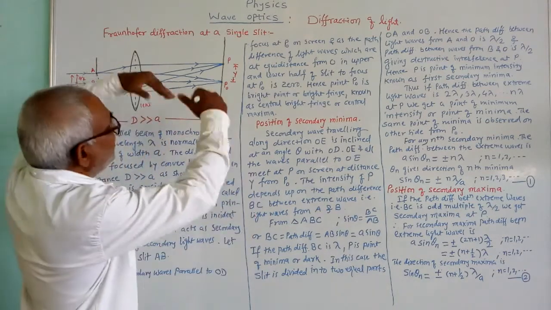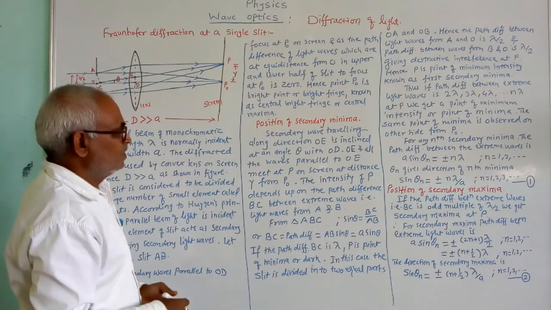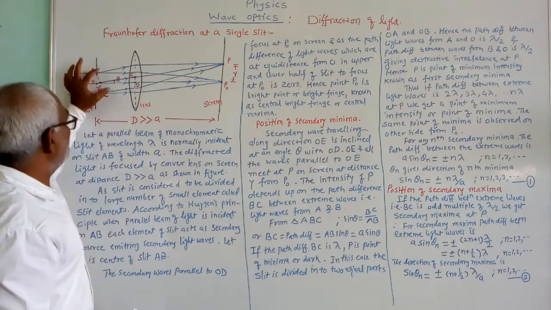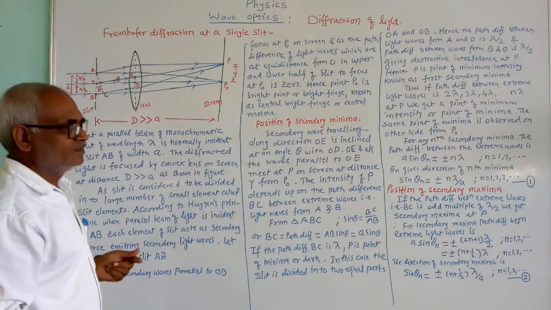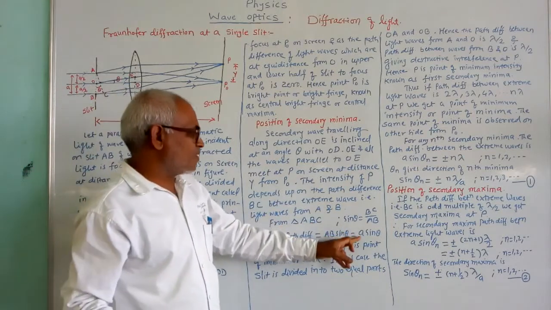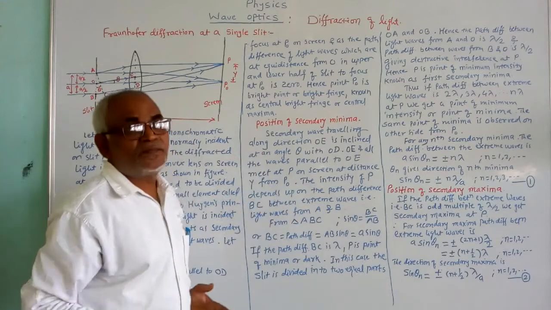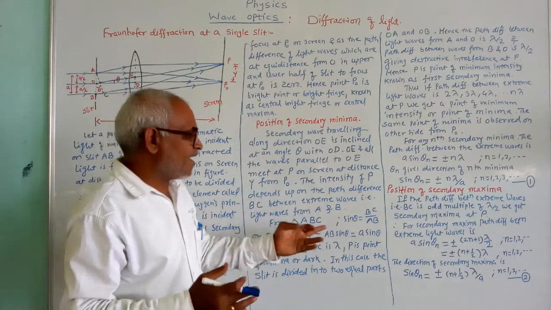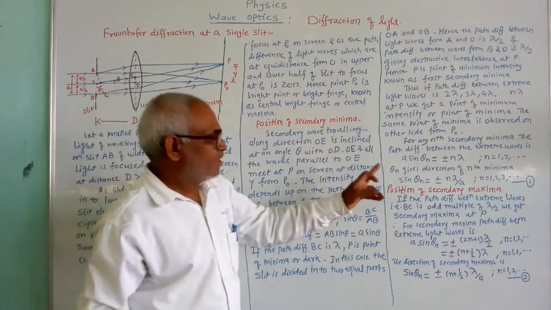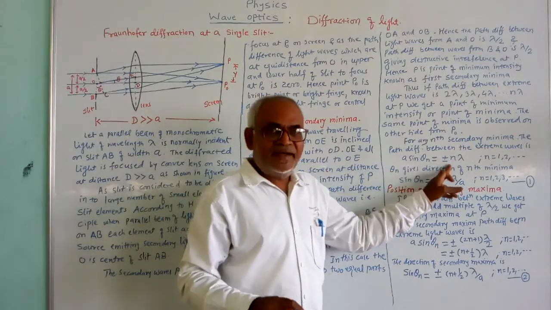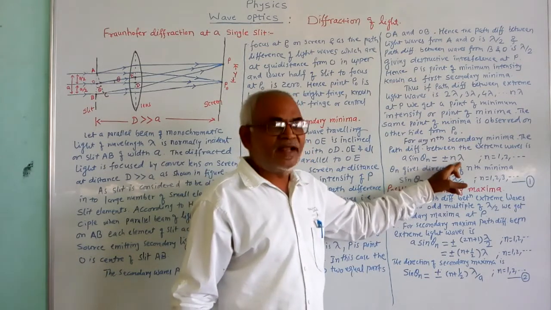Now for any nth secondary minima in the diffraction, the path difference between the two extreme light waves, that is BC, as we know equals a sin theta, and for any nth point of minima we write it as a sin theta n. That should equal an integral multiple of wavelength lambda, that means plus or minus n lambda.